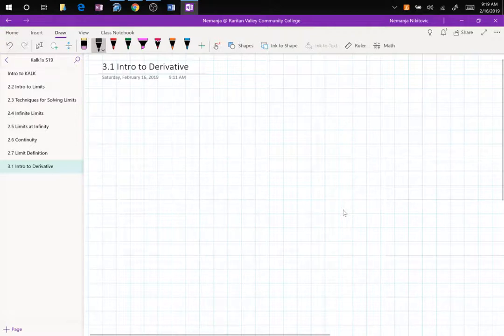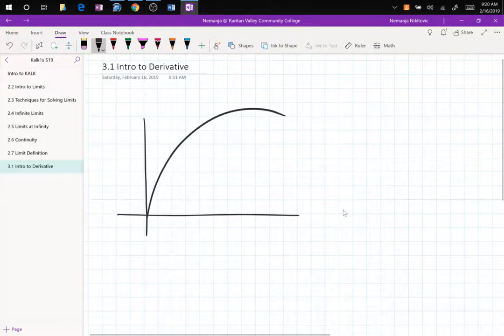Well, let's consider a function of some kind, f of x, and that function will have this point Q, and let's pick another point here, P.